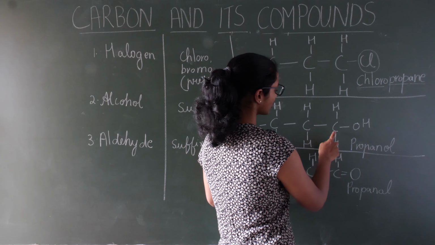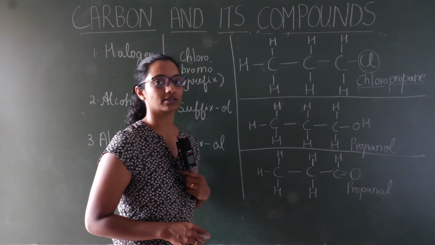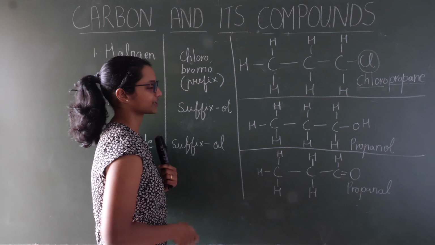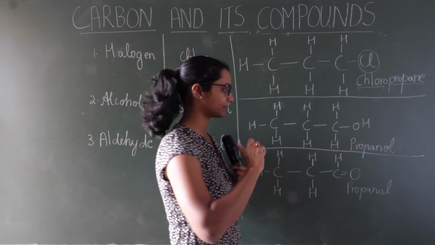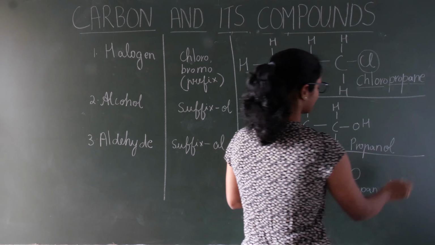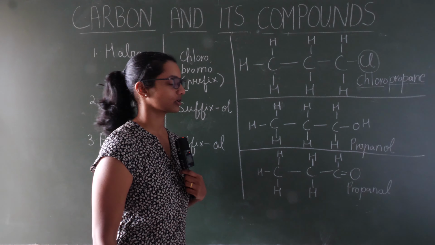Again count the number of carbon atoms. 3 carbon atoms. So prop. Single chain ANE. So propane. Here it is as a suffix after the word, not prefix, suffix. So it's propanol. OL attached.